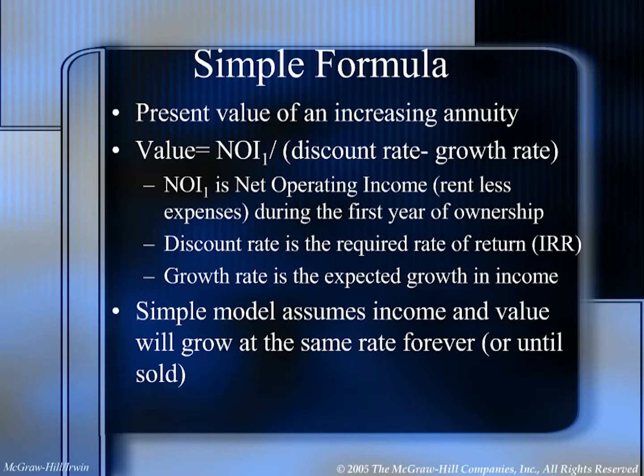If we look at the simplest method or idea, what if it was a present value of an increasing annuity? So we say we have some kind of NOI right now, and we expect that NOI to increase steadily at X percent forever. So it's a steadily increasing annuity forever.